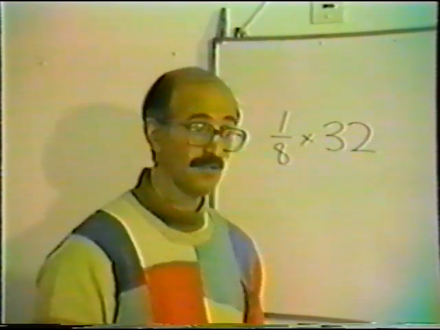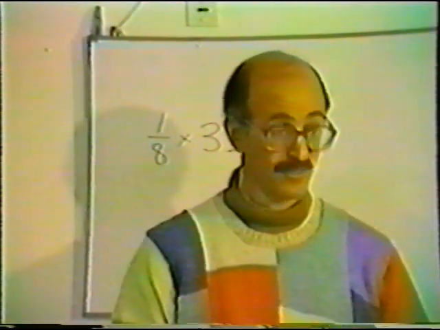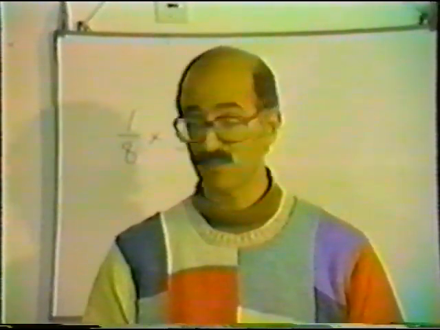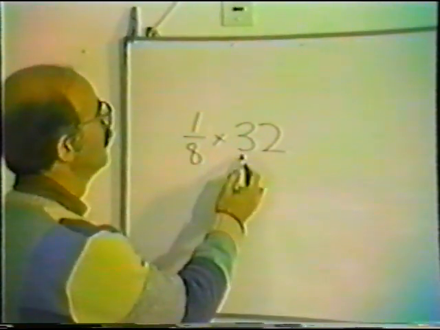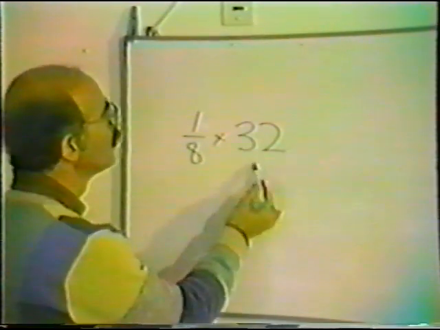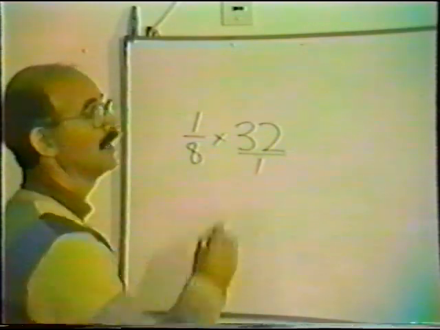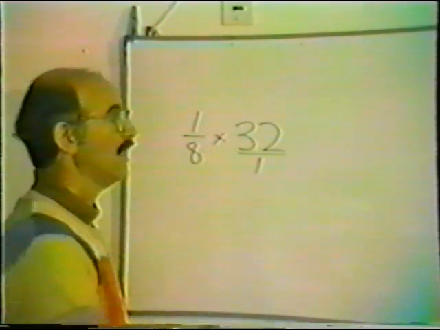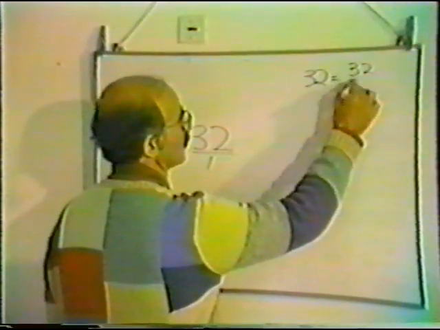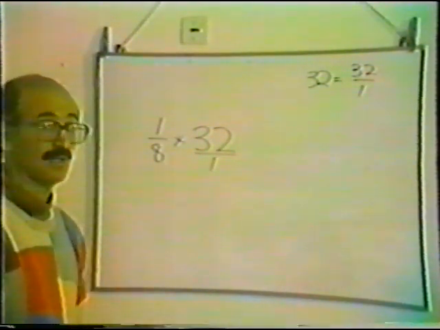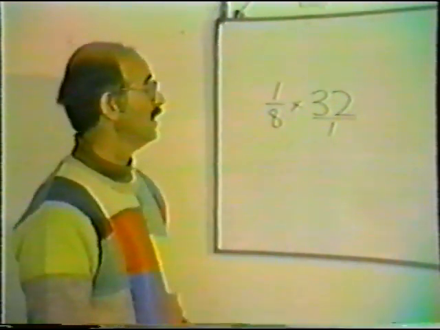But we just learned that 5 over 1 is 5, and 32 over 1 is 32. So to remind ourselves that this is a top number, when we have a whole number in a multiplication problem, we just put it over 1, because 32 is the same thing as 32 over 1. Now we can clearly see that the 32 is a top number.